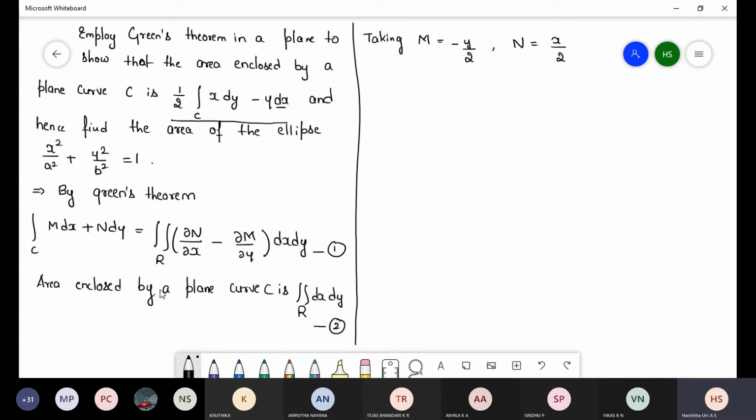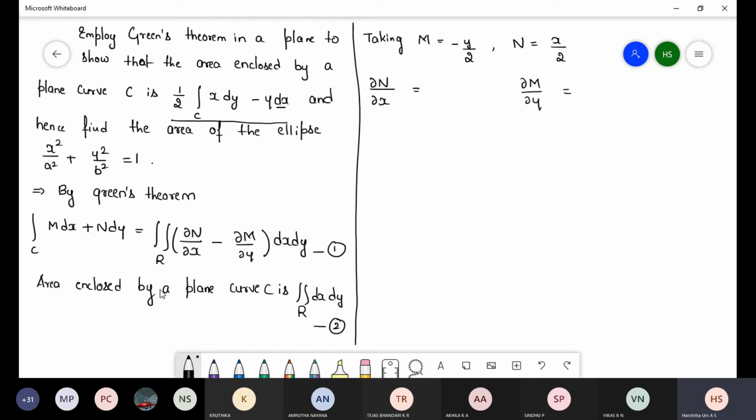See, in the question paper they won't mention this curve. You have to write this curve by yourself. Again, here we want dou N by dou x and dou M by dou y.